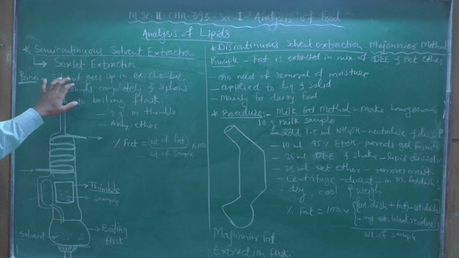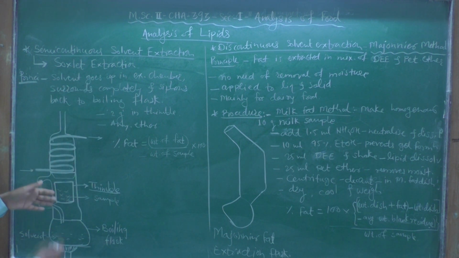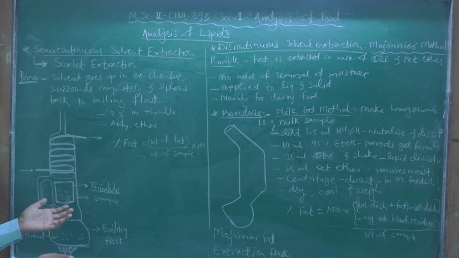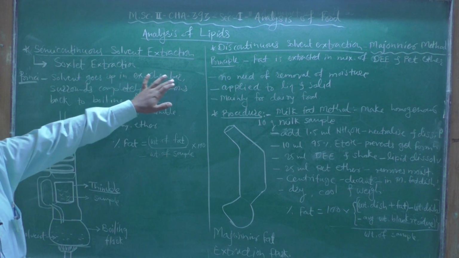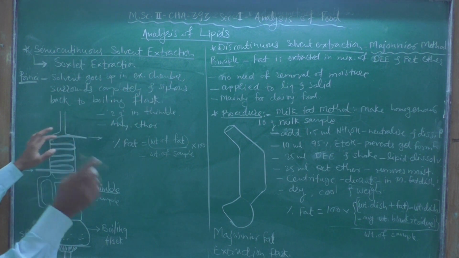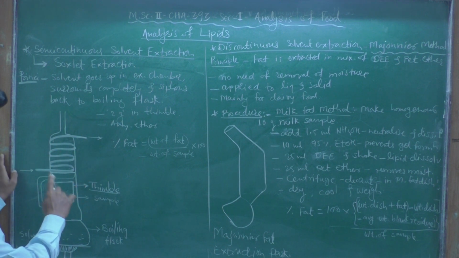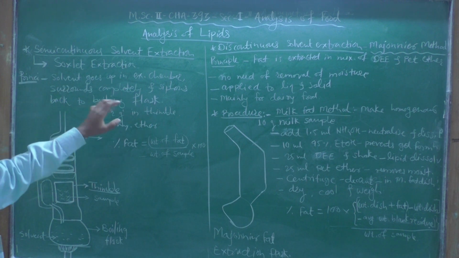So what is the principle here? This is the extraction chamber. The solvent boils at its boiling point, and the vapors of the solvent go up into the extraction chamber and surround the thimble completely, and then siphon back to the boiling flask.